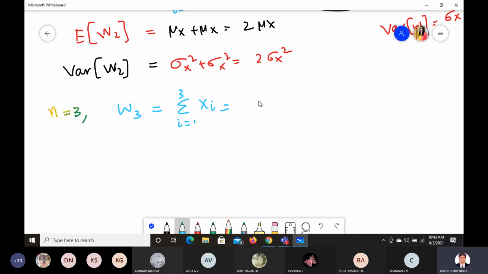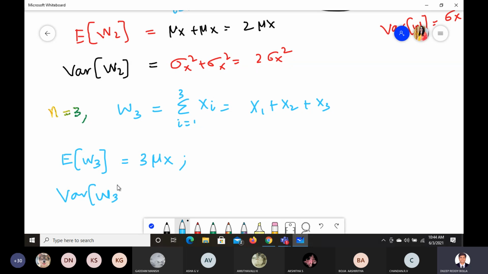Then what is the expectation of W3? Then what about the variance of W3?